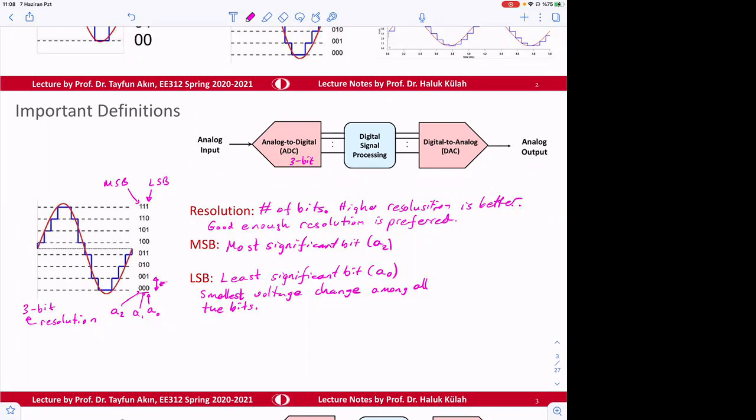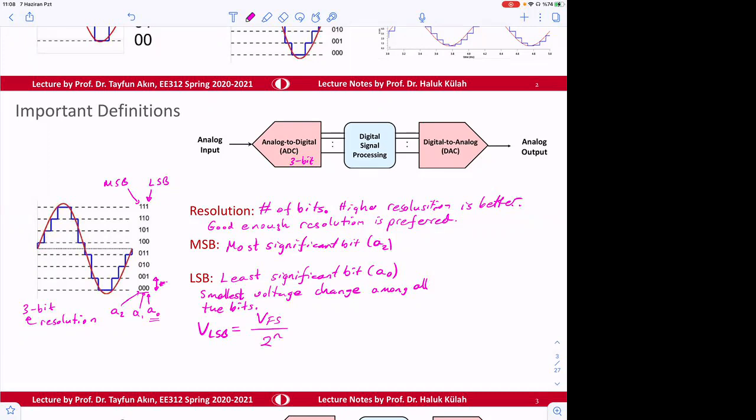The voltage of the LSB, least significant bit, is the smallest voltage: V full scale divided by 2 to the power n.